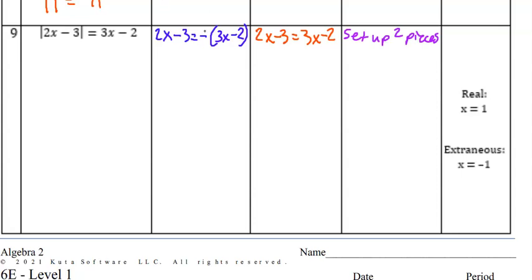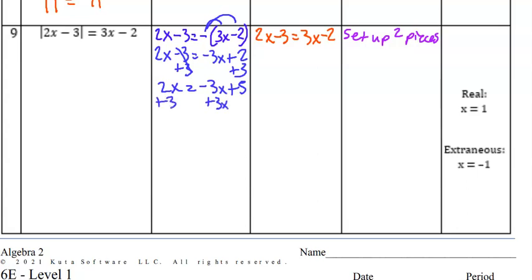Alright, let's go ahead and solve for x for our negative piece. Distribute that negative 1 to get 2x minus 3 equals negative 3x plus 2. Add 3 to each side. 2x equals negative 3x plus 5. Add 3x to each side. 5x equals 5.